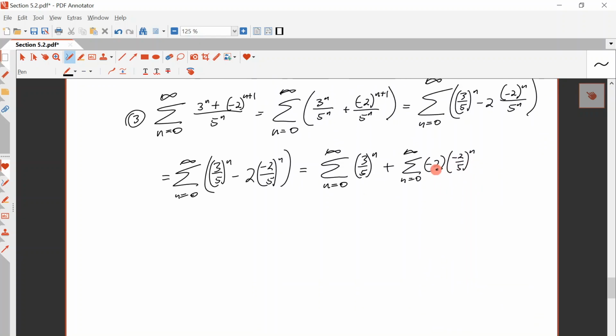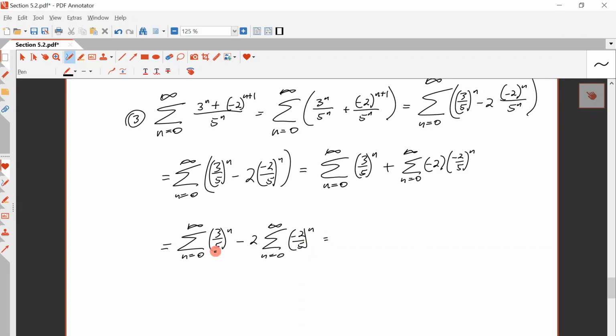In this sum, there's a common factor of minus 2, so I can factor that out of the sum. Minus 2 times the sum from n equals 0 to infinity of minus 2/5 to the n.